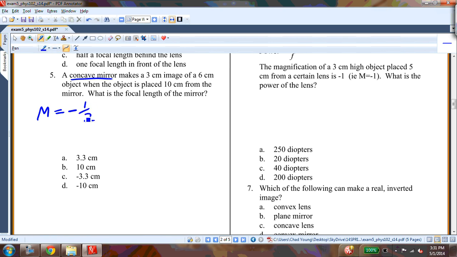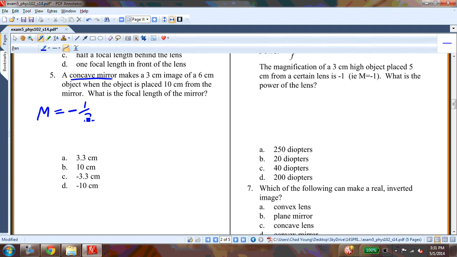I know that it's inverted because if my image was going to be upright, remember this is like a shaving mirror. If my image is upright, that means that I'm holding my object inside the focal point and it looks big, like in a makeup mirror. And if it looks big, like in a makeup mirror, you appear upright. That's for a concave mirror.